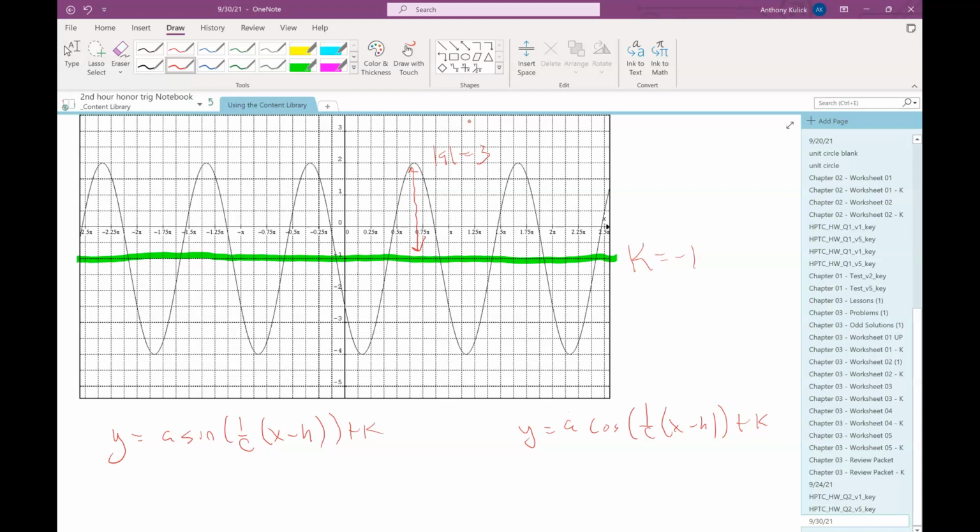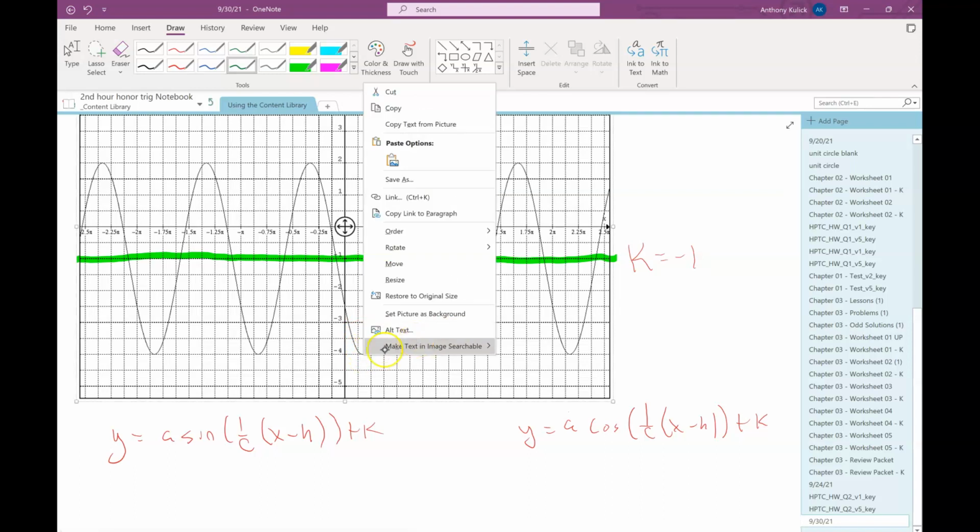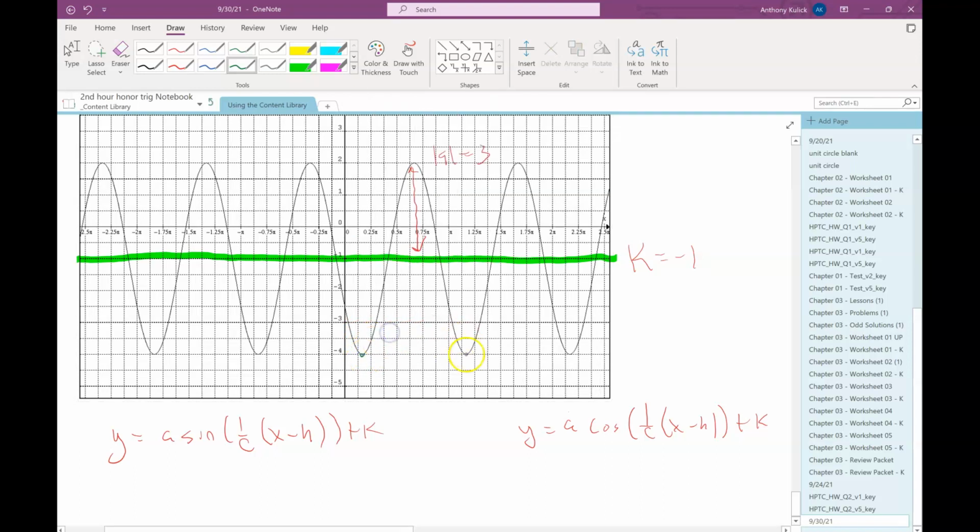So next thing I'm going to do is try to figure out the period. So I'm going to say, this minimum to this minimum is 1 period. Why am I interested in the period? Because it's going to give me c, right? So if I look at this, I'm going from a little bit more than 1/8 of pi.